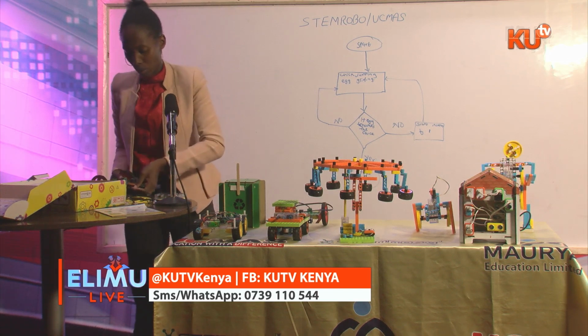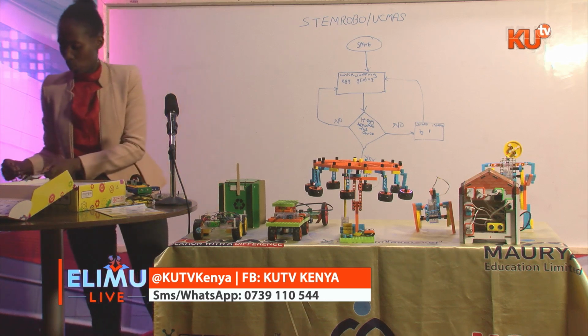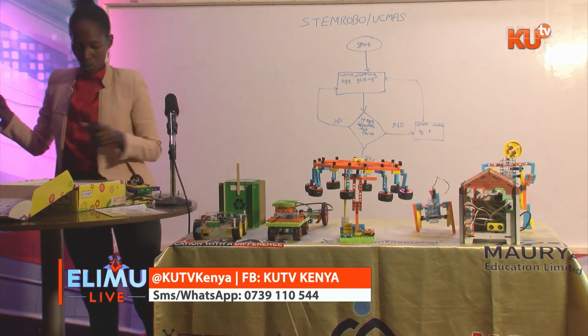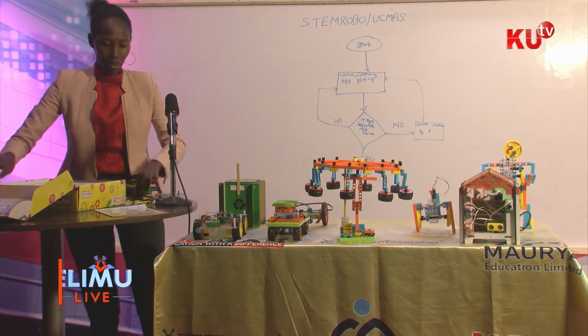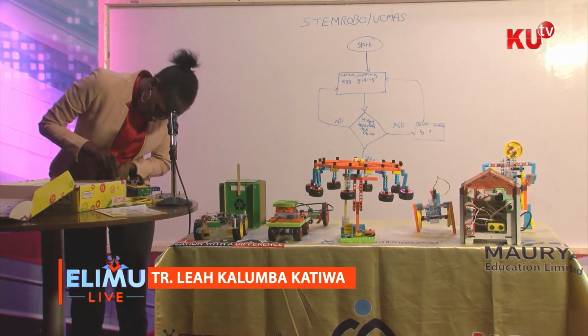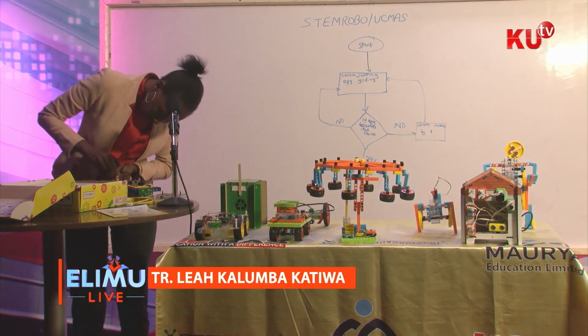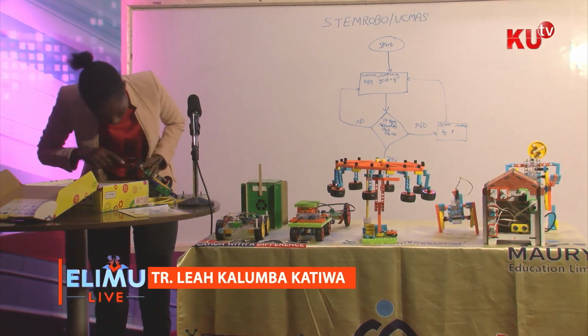So let's now make the connection of how the power is going to be coming from the adapter to the motors. So this one I'll connect it to the power source. I need my motor cable, these ones. This one is a little bit loose, let me tighten.